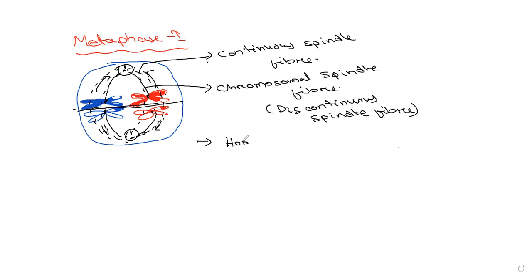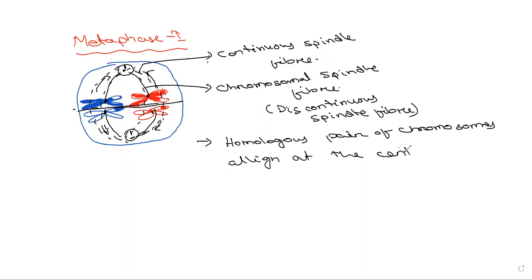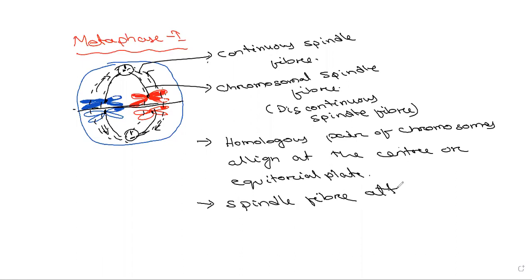So the homologous pair of chromosomes lie or align at the equatorial plane, or center, which is also called the equatorial plate. And the spindle fiber is attached with the centromere.